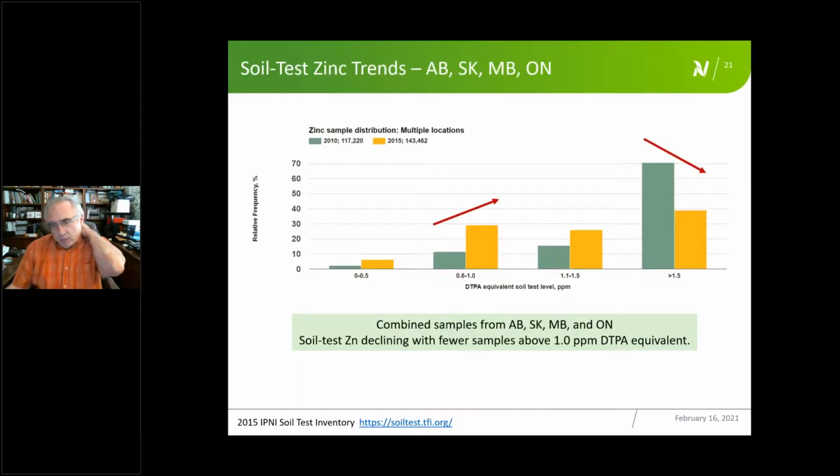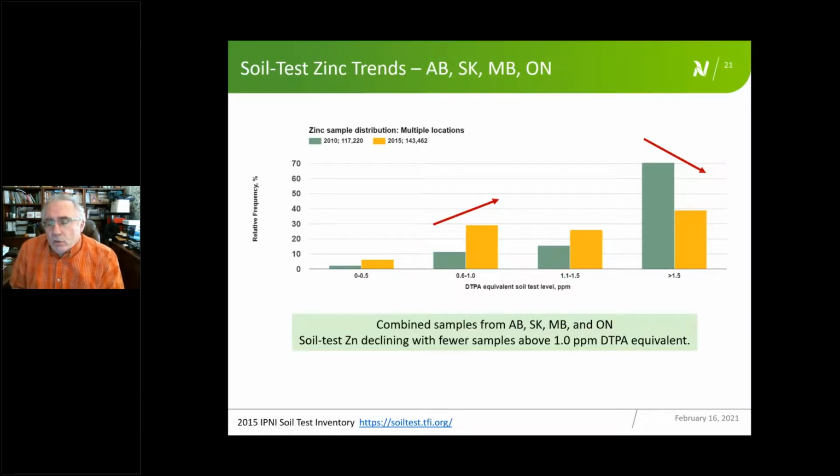All right, I wanted to bring this chart up for zinc, looking at the change from 2010 to 2015 in the distribution. And this is the total for all the provinces, the 4 provinces that I mentioned.